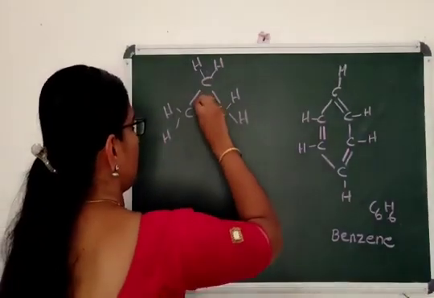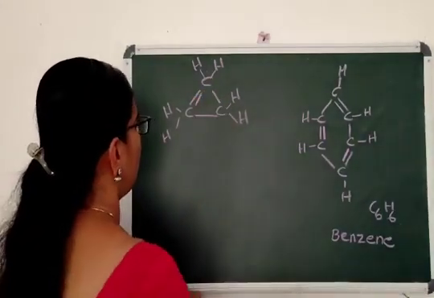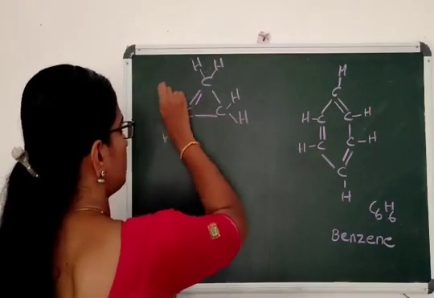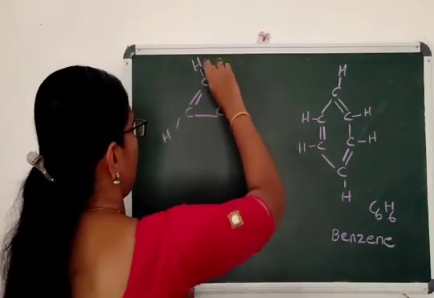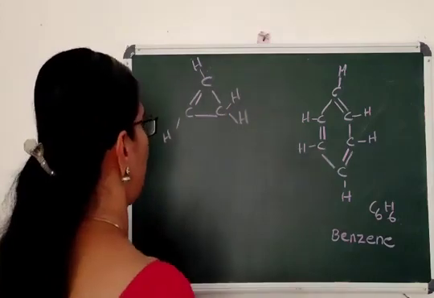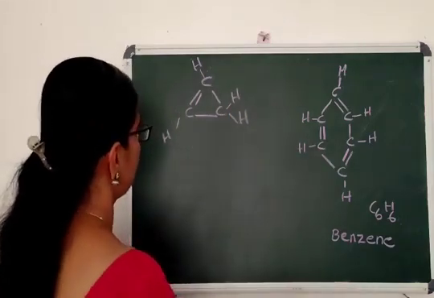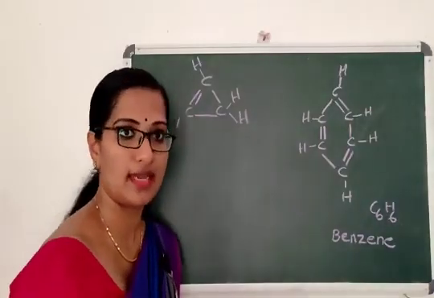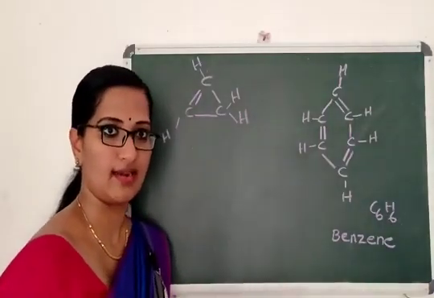Just put a double bond and reduce the number of hydrogen atoms. Yes, you can draw cyclopentene, cyclohexene.